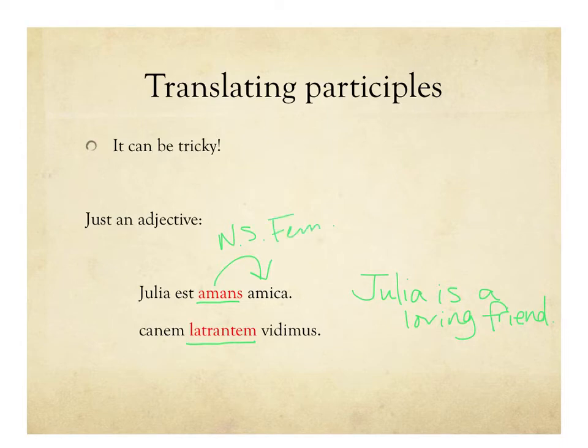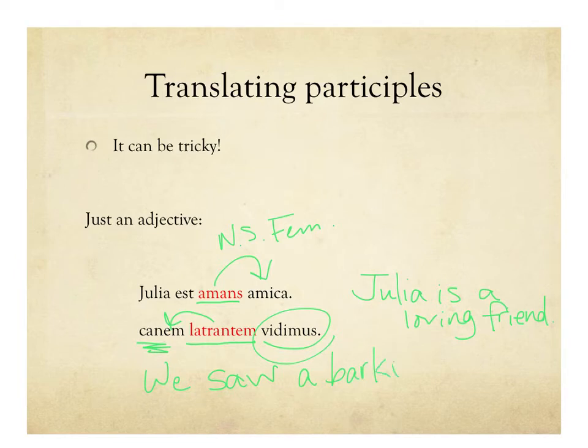They agree. In the second sentence, canem latrantem vidimus. So here's our verb, vidimus. We saw. What did we see? We saw a dog, canem, latrantem, barking. We saw a barking dog.